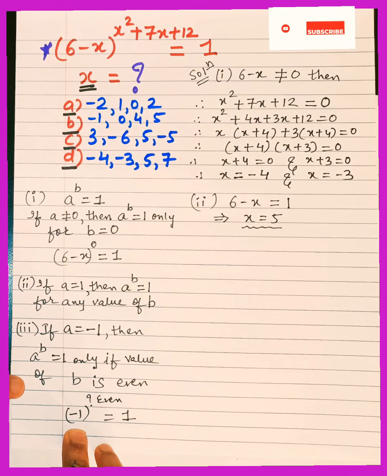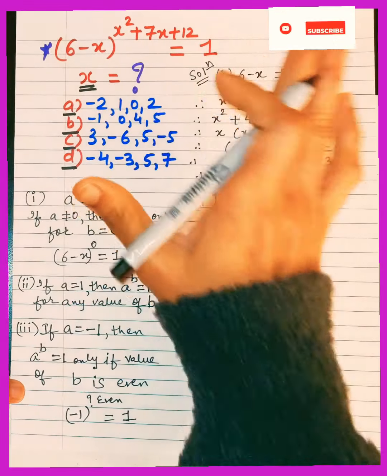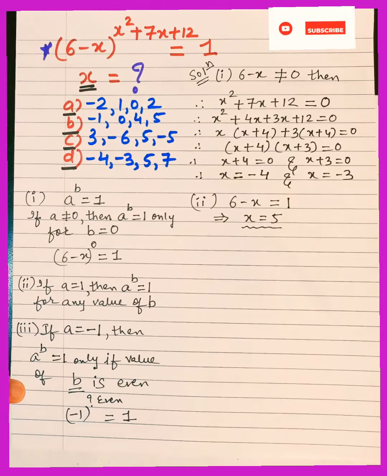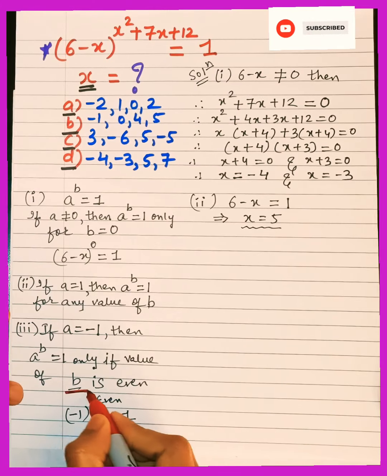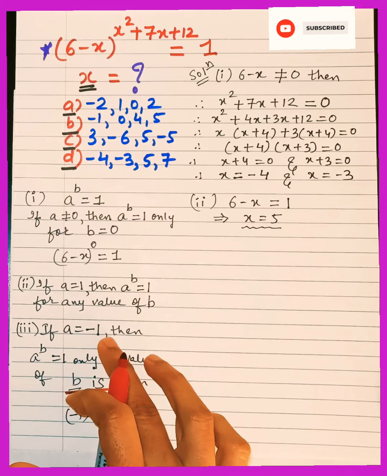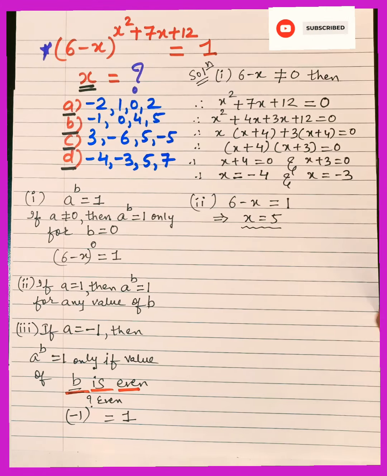If you multiply it an odd number of times, you get minus 1, and then the condition is not satisfied. So compulsorily, if a is equal to minus 1, then b should be even. So we need to put minus 1 and also check whether b is even or odd.